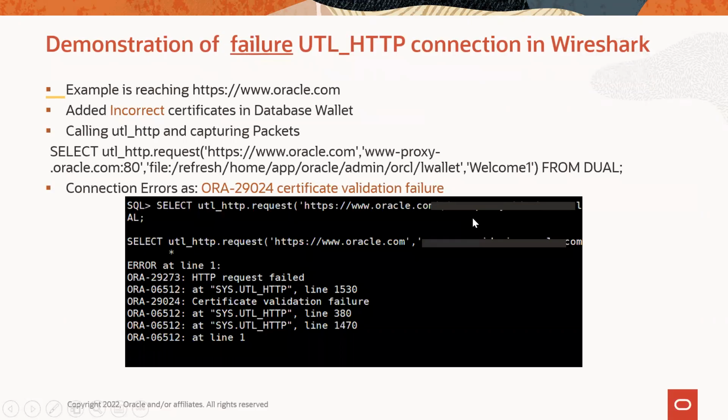What I did is I tried reaching this particular website, www.oracle.com. I'm trying to reach oracle.com as a UTL_HTTP connection. In my wallet, I have an incorrect certificate, though oracle.com has a different certificate.